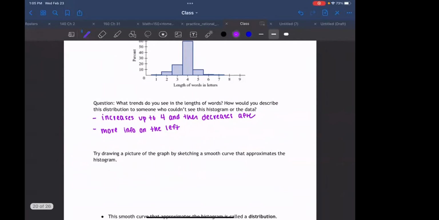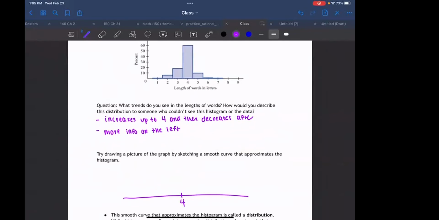So how about this? I'm going to draw a little line here. I'll still keep 4 in the middle since 4 seems to be the middle value here. And imagine drawing a line on top of the histogram, okay, kind of like that.